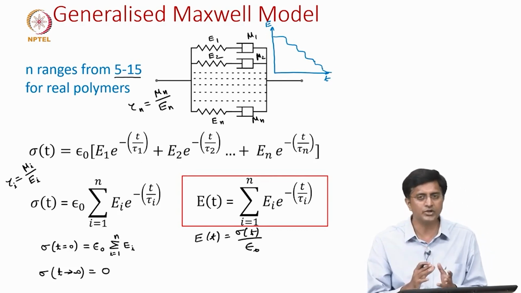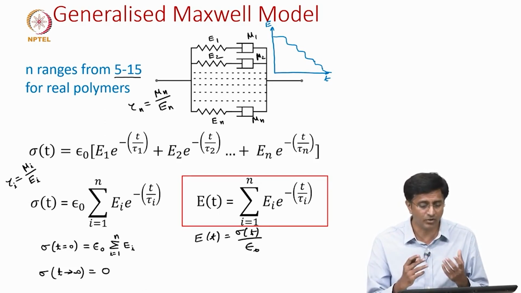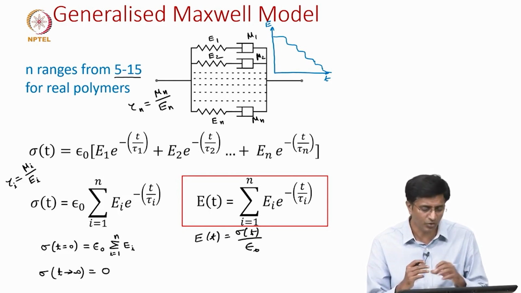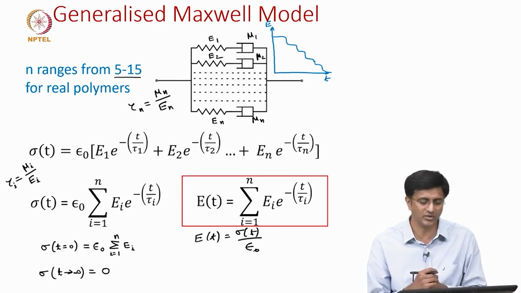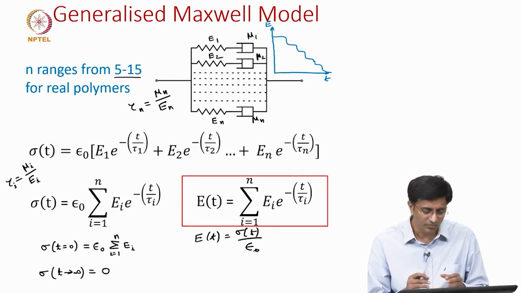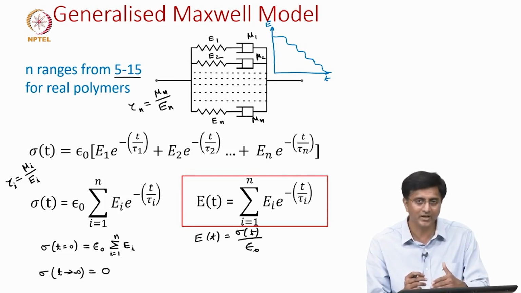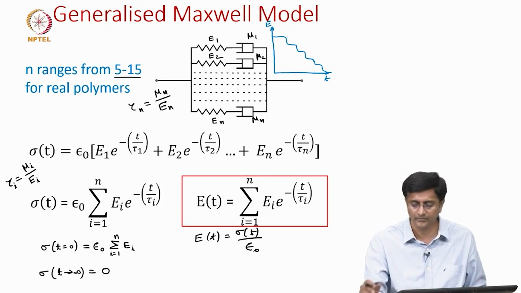Approaching 0 is good for representing a thermoplastic, but let us say we want to represent a thermoset where it does not go to 0. How do we modify this Maxwell model? For that, we just need to add one more parallel element, but this time it will be only a spring without a damper.